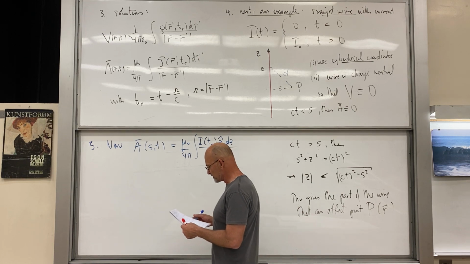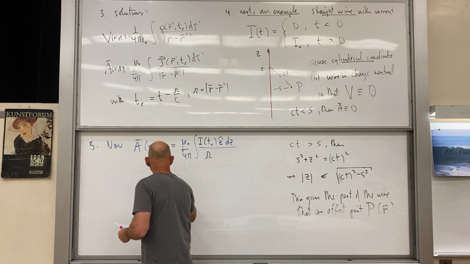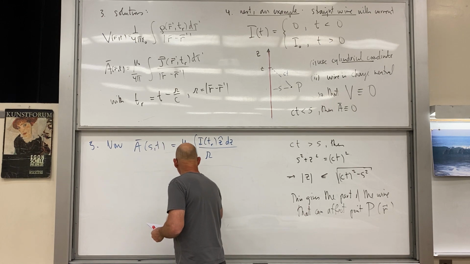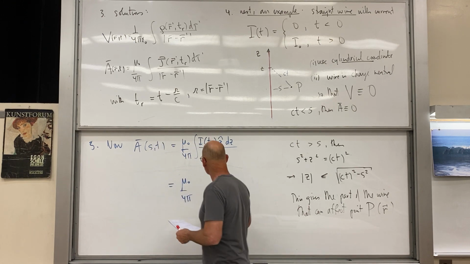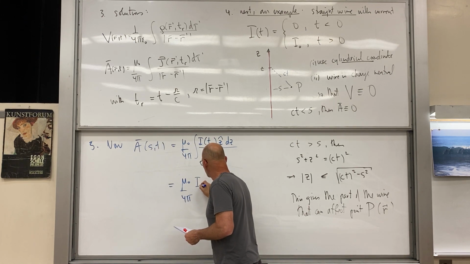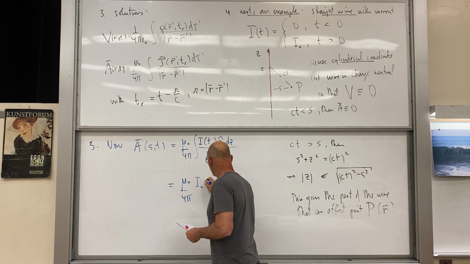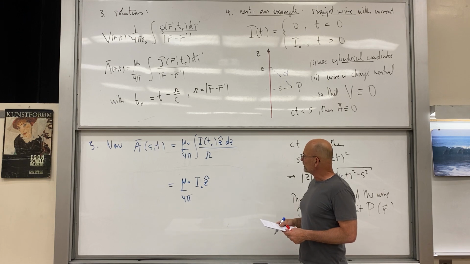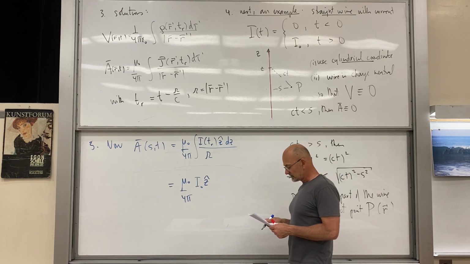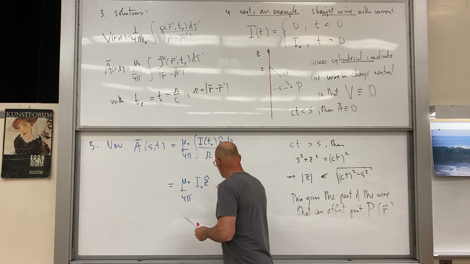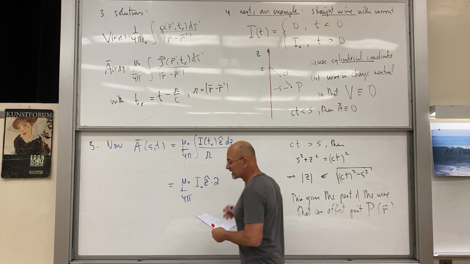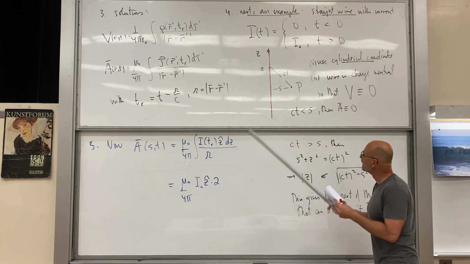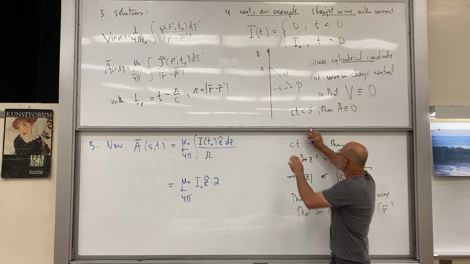Good, now I can put the boundaries in. So now we have mu naught over 4 pi. We're going to pull out the I naught, and we'll pull out the z hat because we're just going to want to deal with that integral. And we'll take 2 of them because we're just going to integrate over this part right here.